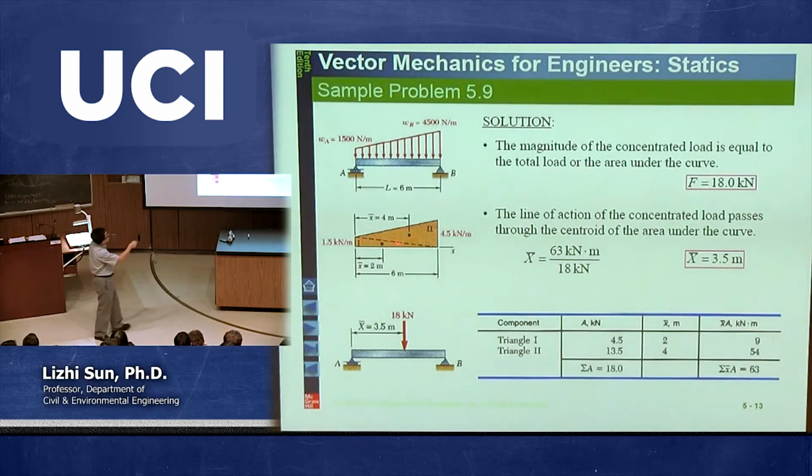So because from here to the base is 1/3, then from here to the vertex should be 2/3, because total has to be 3/3, right? So 2/3 of this total, which is 6. 2/3 of 6 is 4. So that's why you put 4 here, or you write down 4 here. Okay, so we got X bar for the first one, X bar for the second one.